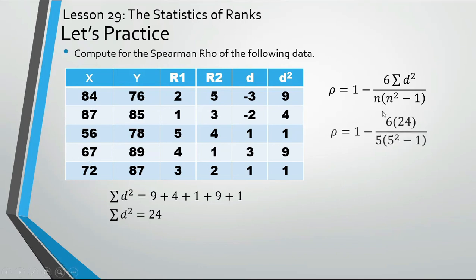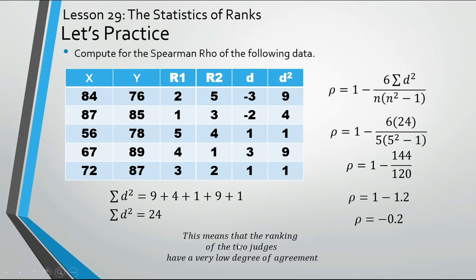Therefore, ang n natin dito ay 5. Ayan. So, pag kinompute natin yan, simplify natin, that would be 144 divided by 120. So, 144 divided by 120, that is 1.2. So, 1 minus 1.2 is equals to negative 0.2.